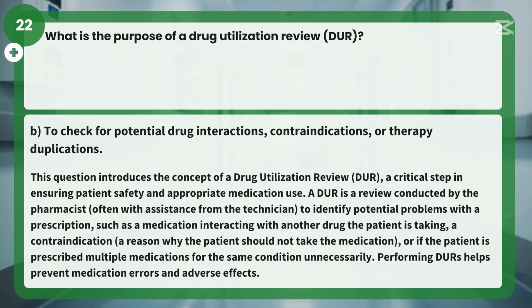A DUR is a review conducted by the pharmacist, often with assistance from the technician, to identify potential problems with a prescription, such as a medication interacting with another drug the patient is taking, a contraindication, a reason why the patient should not take the medication, or if the patient is prescribed multiple medications for the same condition unnecessarily. Performing DURs helps prevent medication errors and adverse effects.